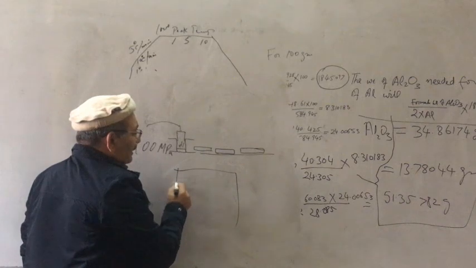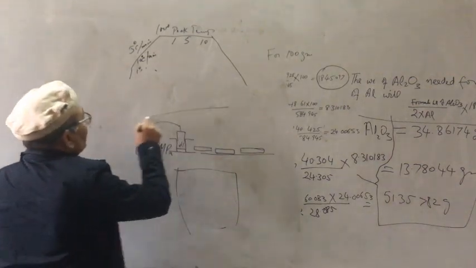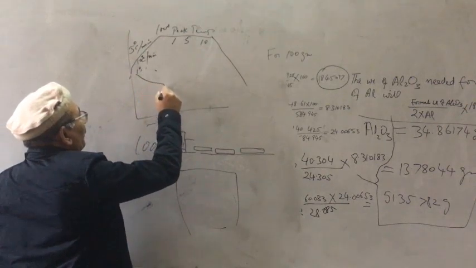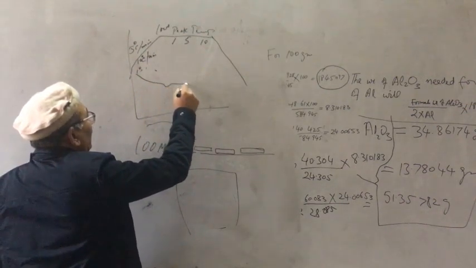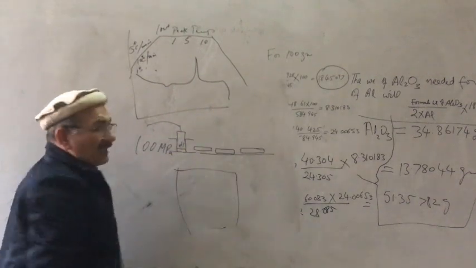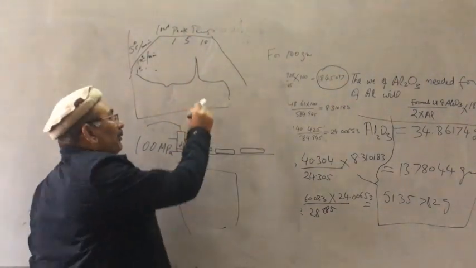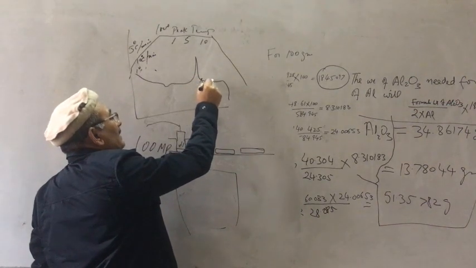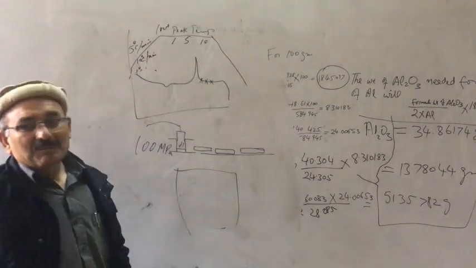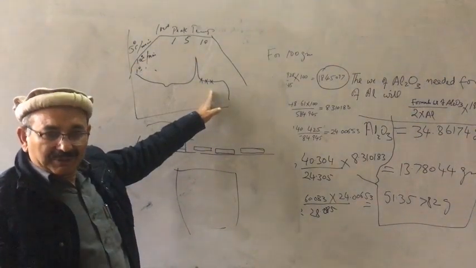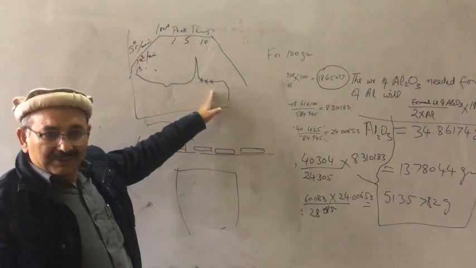And the sintering temperature is again above the crystallization temperature but below the melting temperature, right?